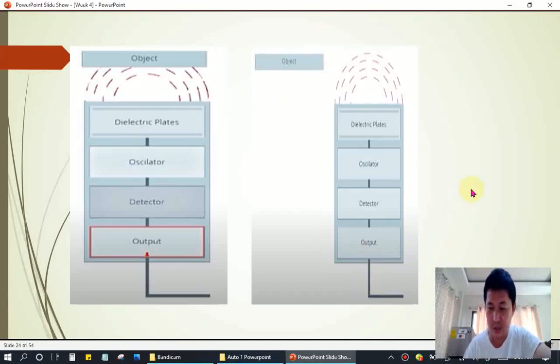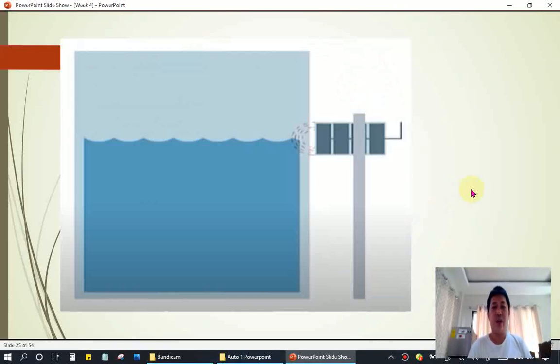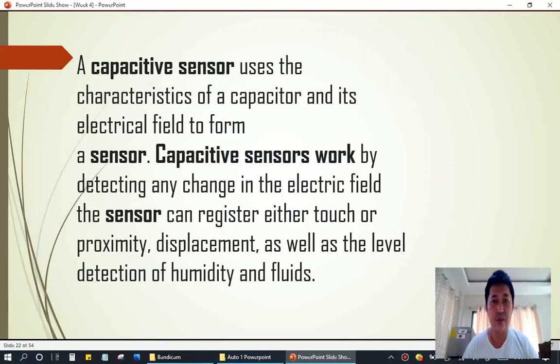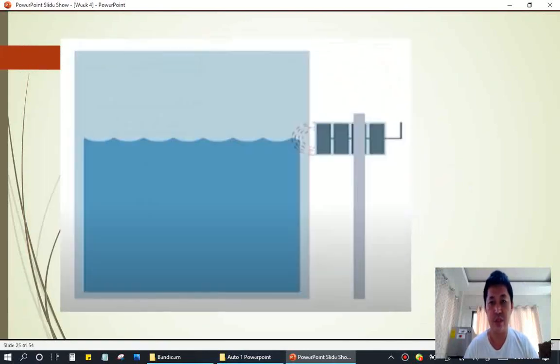So we will see here the application. This is the water level of the tank, and you put here the capacitive sensor. This is your capacitive sensor that is mounted on the wall of your tank.